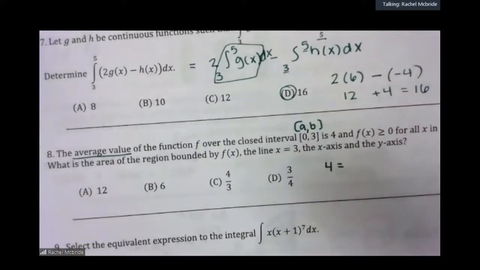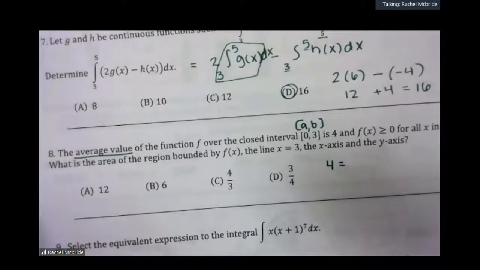What is the area of the region bounded by f of x, the line x equals 3, the x-axis, and the y-axis? So I'm told that the average value of the function is 4. I'm told that we're bounded to quadrant 1.